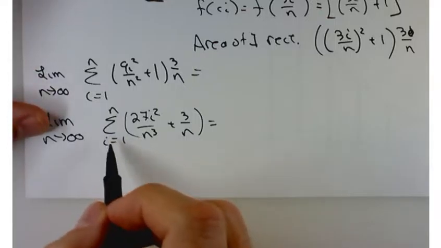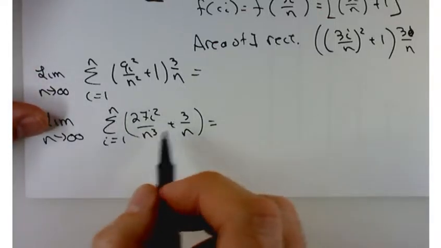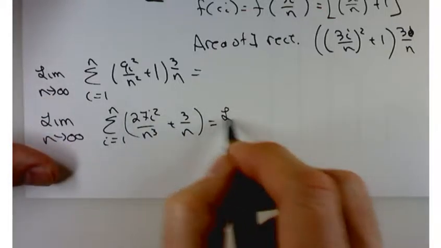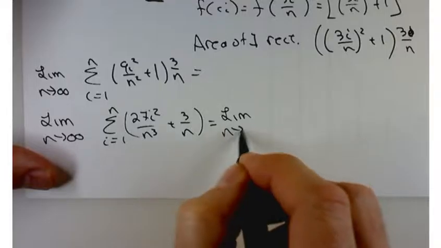This summation is taken from i equals 1 to n. So the things that don't involve the i I can take out. In fact, I can distribute this a little bit, make this a little easier to work with.